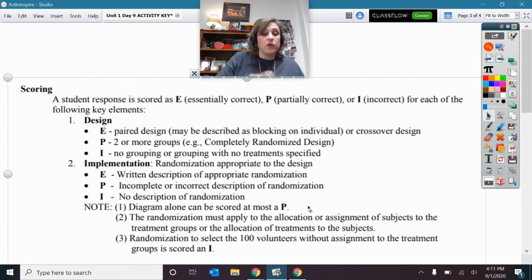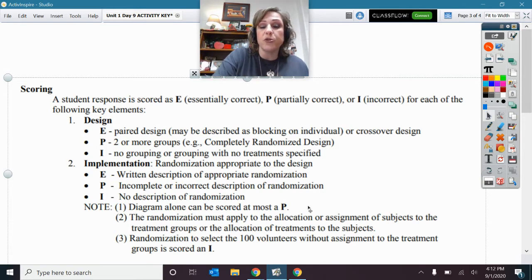Number one says the design, paired, or some kind of blocked, that we're talking about later this week. So you couldn't get full credit. You couldn't get an E, which means essentially correct. That's full credit. P means partially correct. That's what I would expect you to get at this point in your learning process.